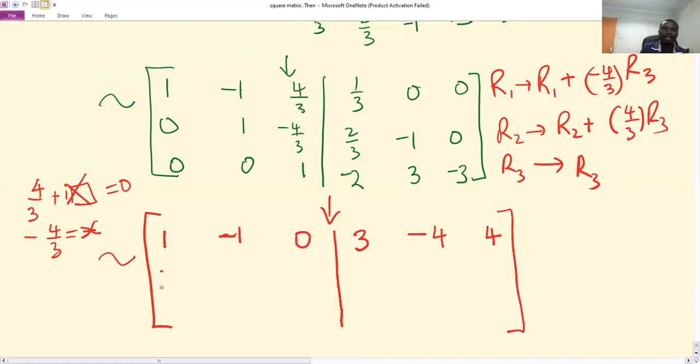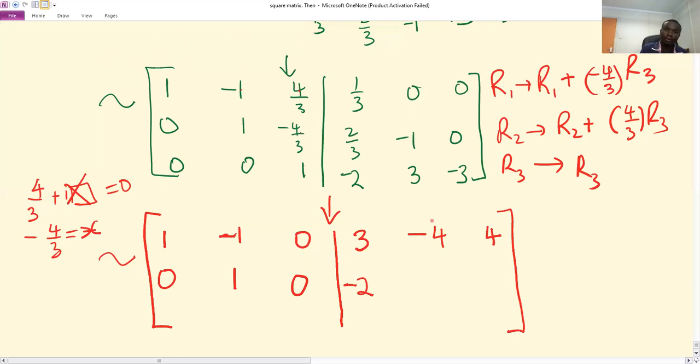And then here I have 0, 1, and then this will be 0. So here I have 2 over 3, and then plus 4 over 3. Remember, this now is positive, multiplied by this negative 2. That will give me minus 2. And negative 1 plus 4 over 3 multiplied by 3.